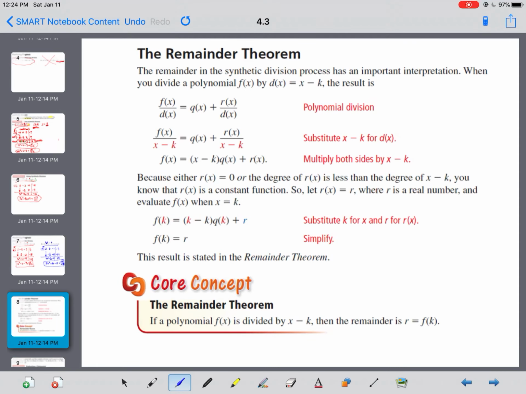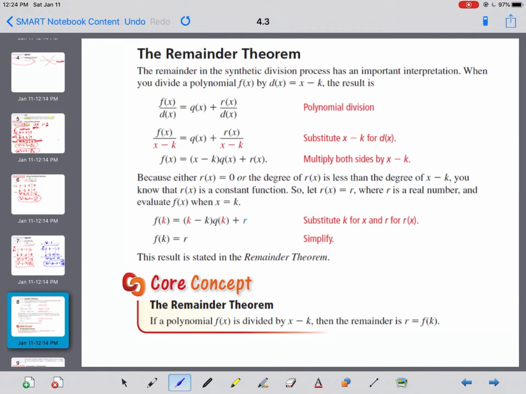And what they're saying is that because you're either going to get 0 or something, whatever your remainder is, that's the value you would have gotten if you plugged that k value into the equation and solved for it.